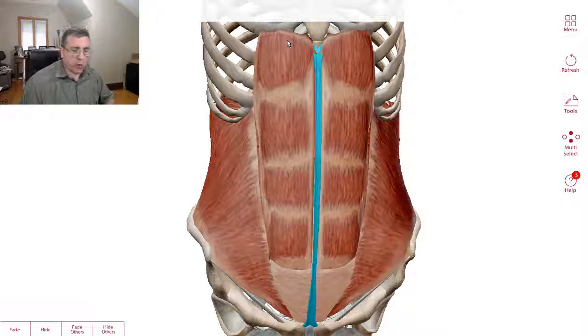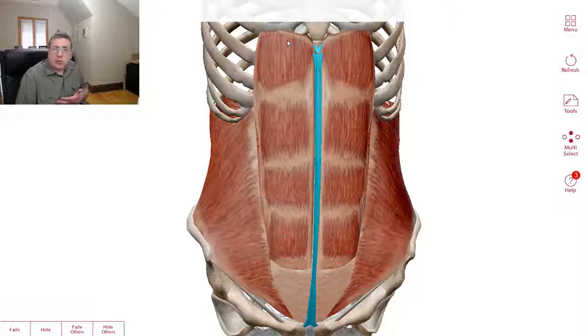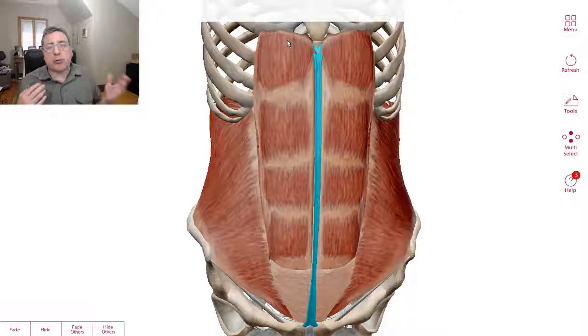If your rectus abdominis contracts, yes, it's compressing your abdominal cavity, but it's also flexing your vertebral column, because we're going forward, it's flexing your spine. So the action of the rectus abdominis when working together bilaterally is that it flexes your vertebral column, tenses the abdominal wall, and compresses your abdominal structures.